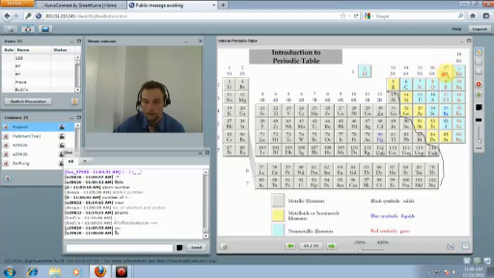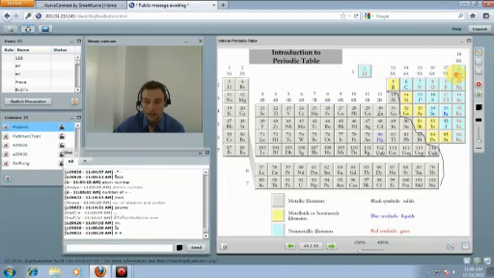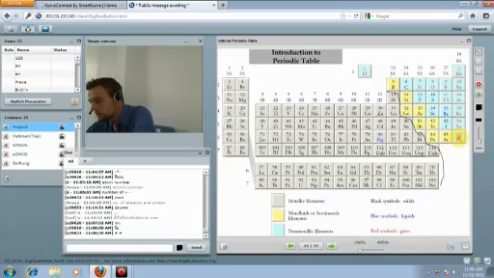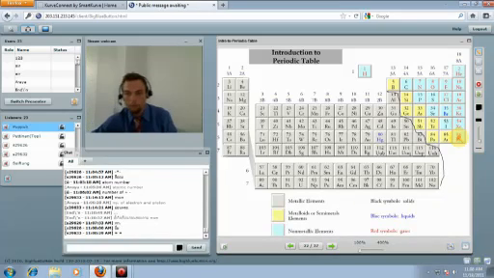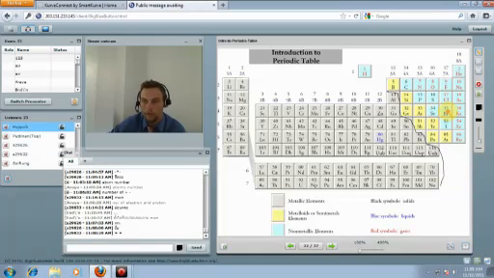And then the rest of these are non-metals, and they're separated between, some of them are solids. Bromine is liquid, and then you have these guys are gases.